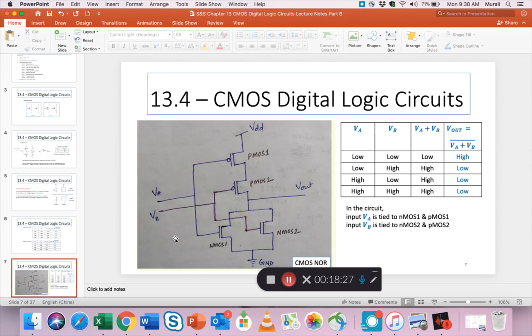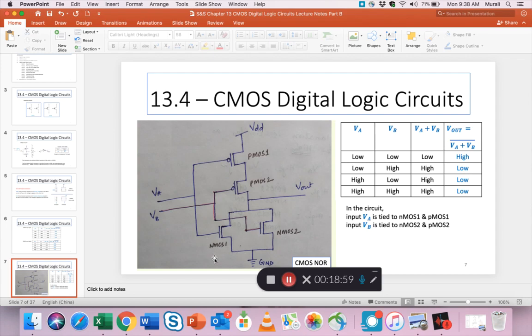Actually, there are many combinations that work, but for our purpose, we are going to study this particular method, okay? And we are only going to use PMOS and NMOS. Obviously, you can use BJTs, you can use diodes. A lot of things are possible, but for our education, and to follow what's in our textbook, this is what we'll study, okay?